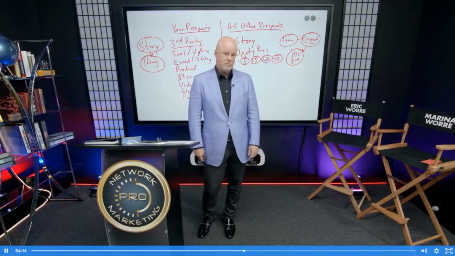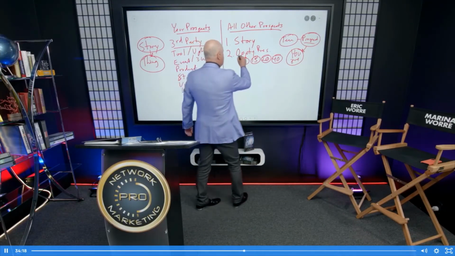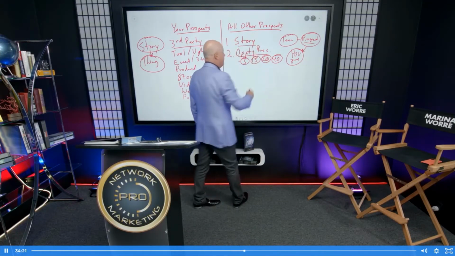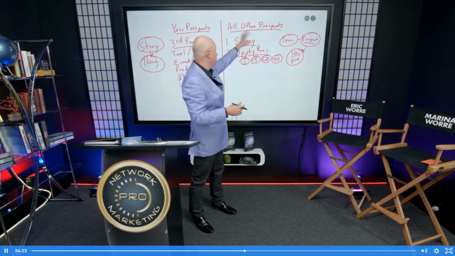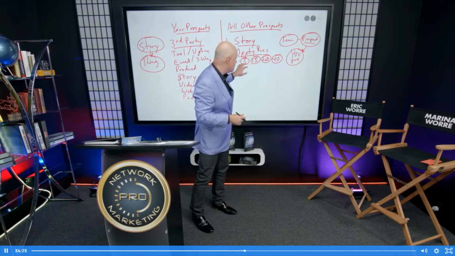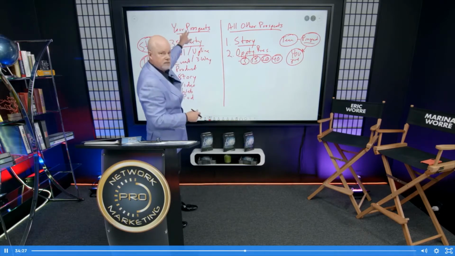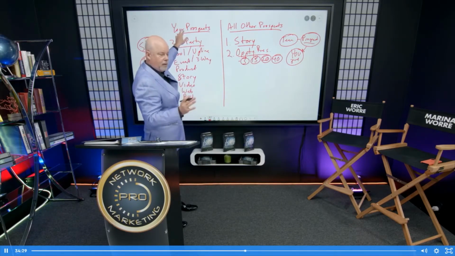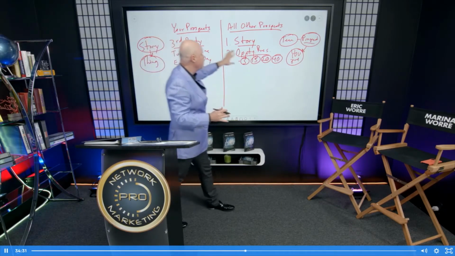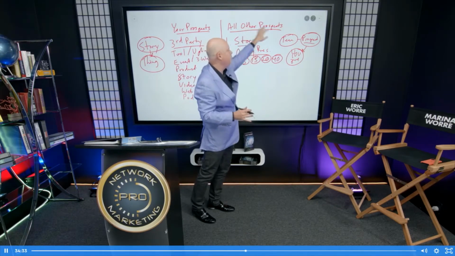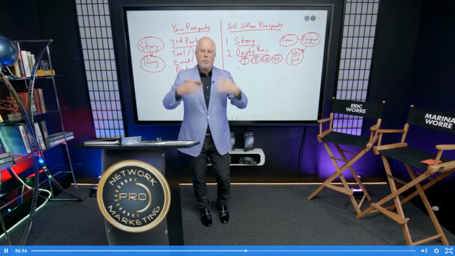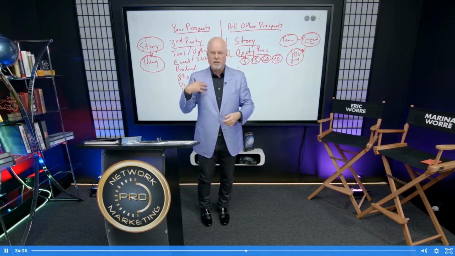No problem. Once I learned this, I stopped being afraid to talk to people, especially other people's people. Now, I wasn't using this for my prospects because I would lose third party. I was only using this for other people's prospects. Bring your prospects to me. You provide the people, I'll provide the presentation.